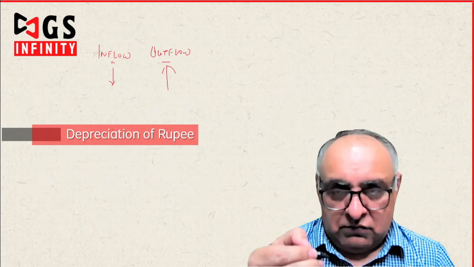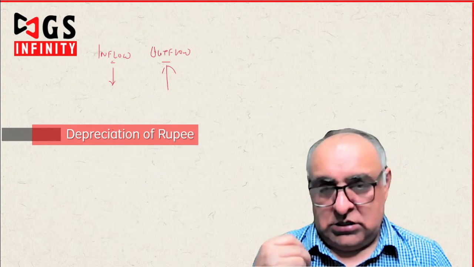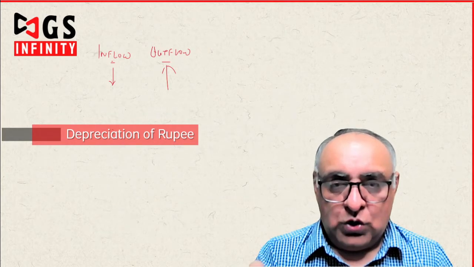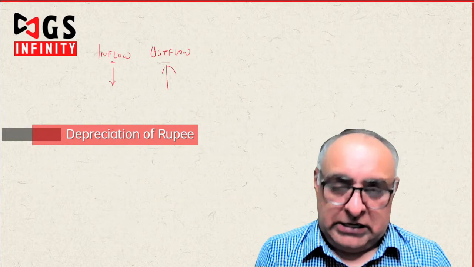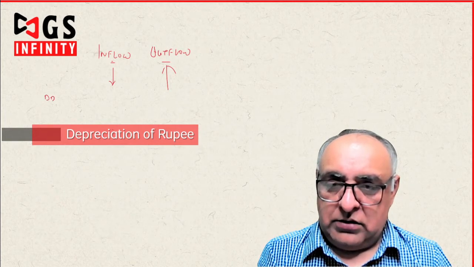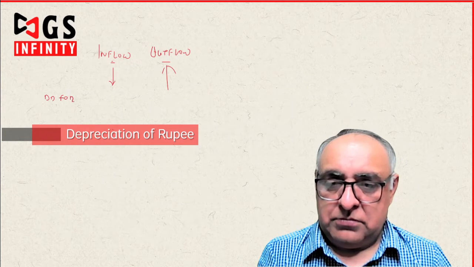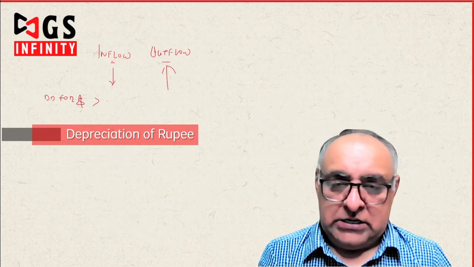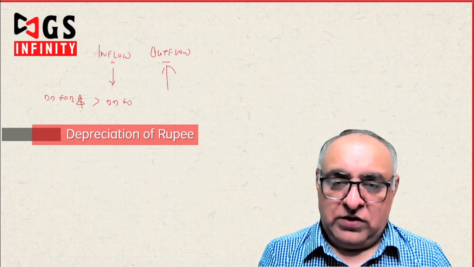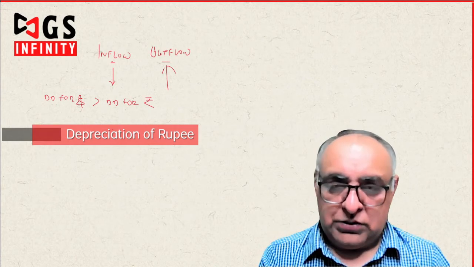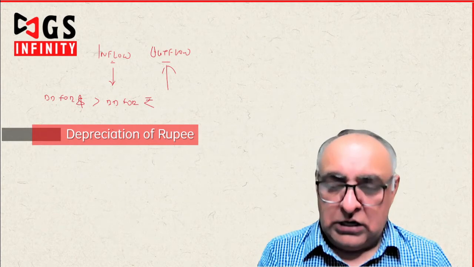Fall in inflow means fewer dollars will be coming into India, and more dollars will be leaving India. So that means demand for the US dollar would be more than the demand for the Indian rupee.